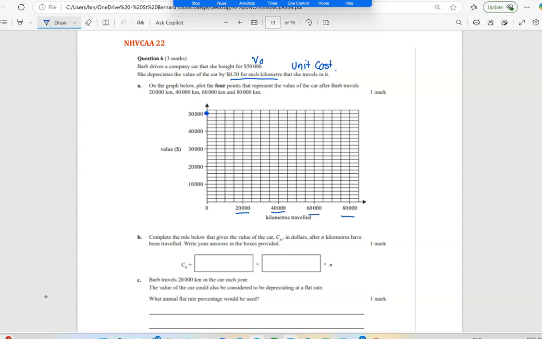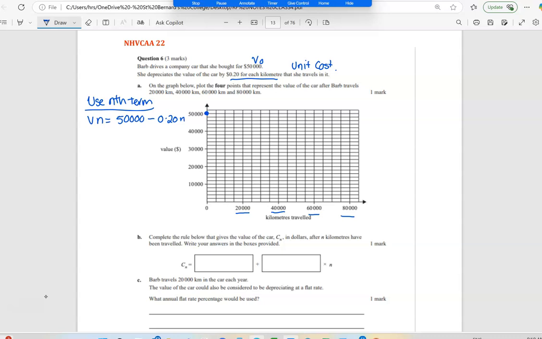Because it's unit cost, but you want to find the value after so many uses, you could use the nth term formula for unit cost. We know that's Vn equals V0, which is 50,000, minus the cost per use, which was 20 cents, per n.